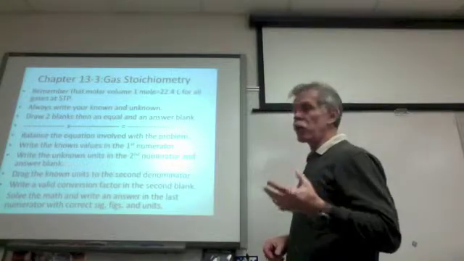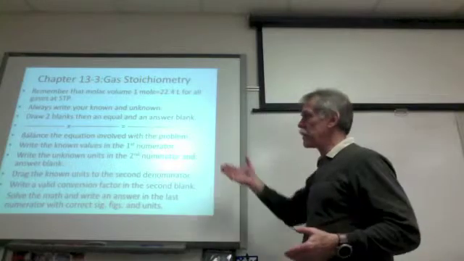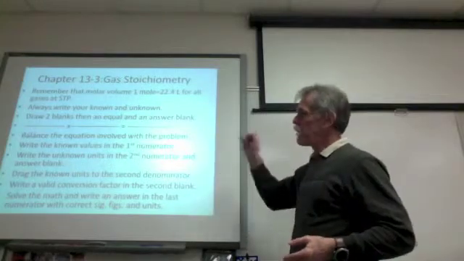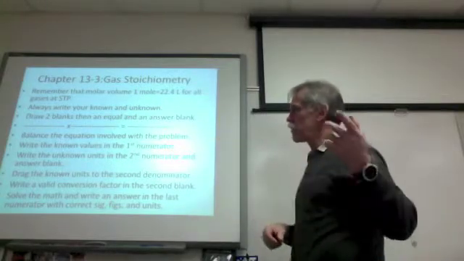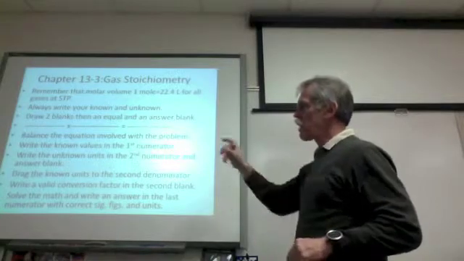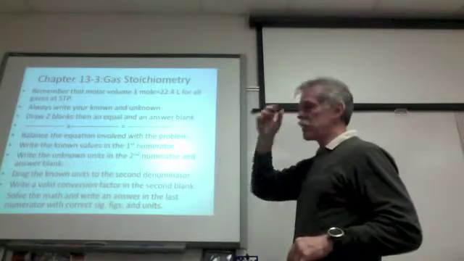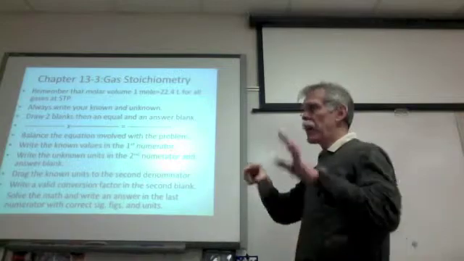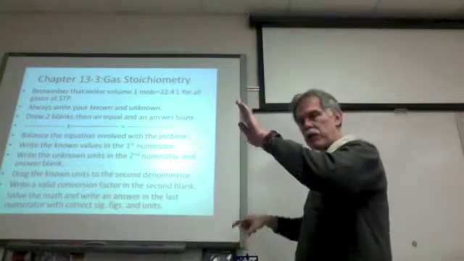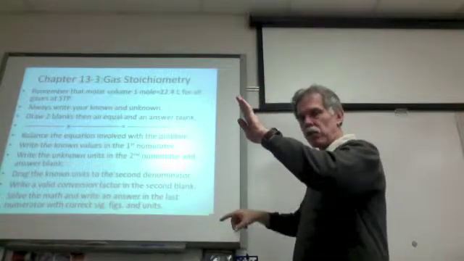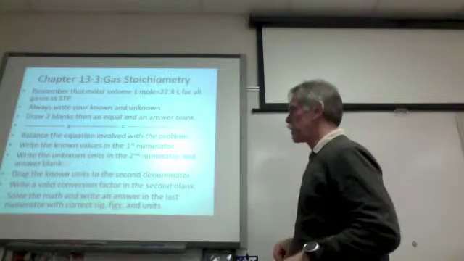If we're doing a stoichiometry problem with a balanced equation, the steps are here. Balance the equation, write the known values in the first numerator over 1, write the unknown units in the second numerator, and again drag the first blank's units down to the denominator of the second blank.